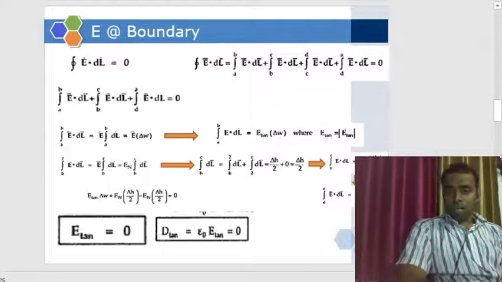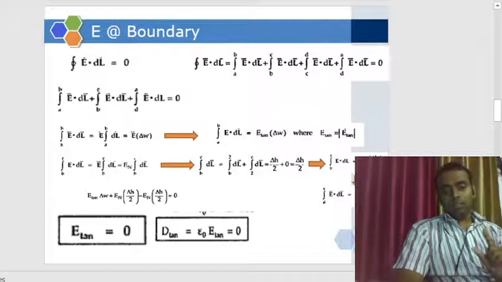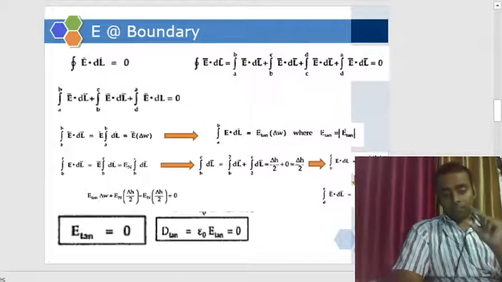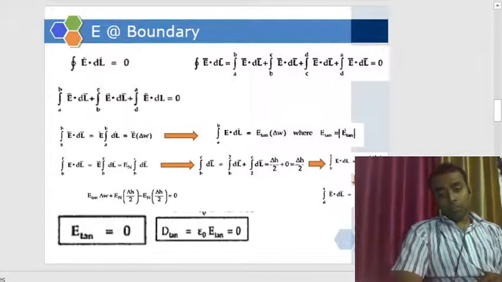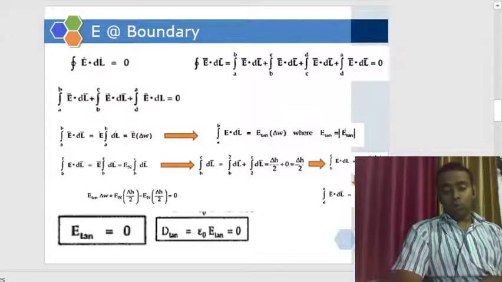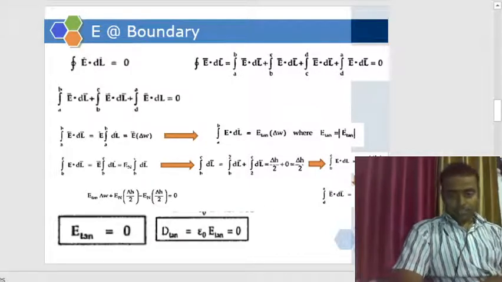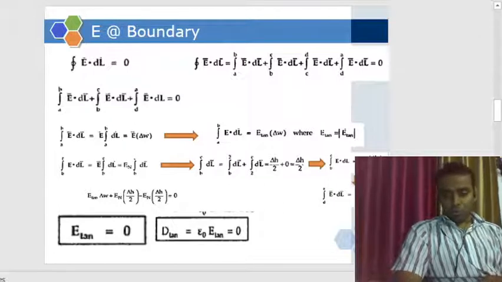Fine. So, at the boundary between a conductor and free space, the tangential component of the electric field intensity at the boundary is 0. We had discussed this formula, D tan is equal to epsilon naught E tan.